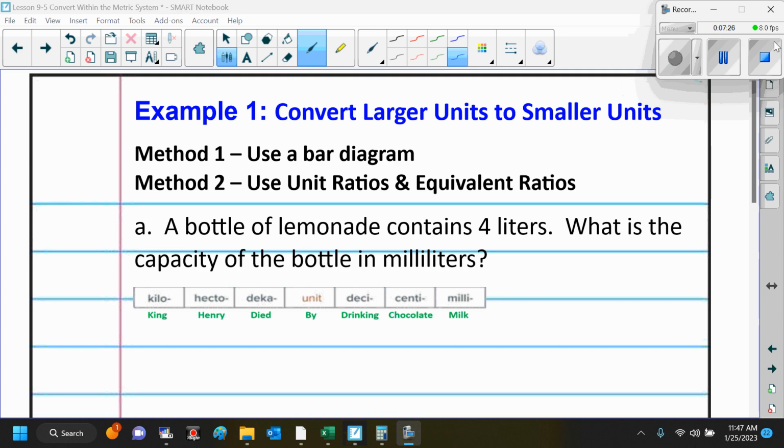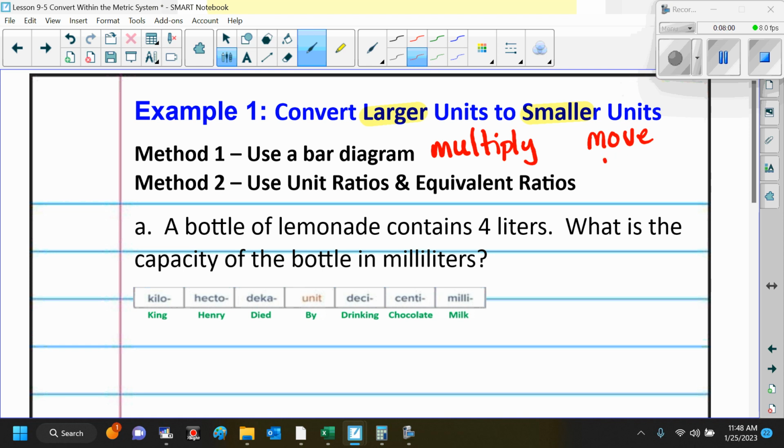So example 1 is converting larger units to smaller units. So if we're going from a larger unit to a smaller unit, am I going to multiply or divide? Larger to smaller. We're going to multiply. Very good. And when we multiply times a multiple of 10, do I move my decimal to the right or to the left?